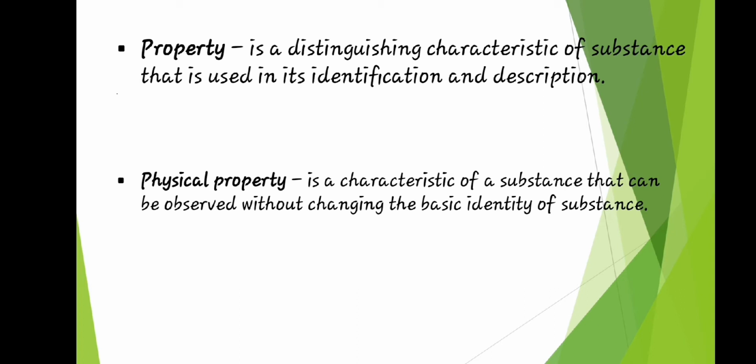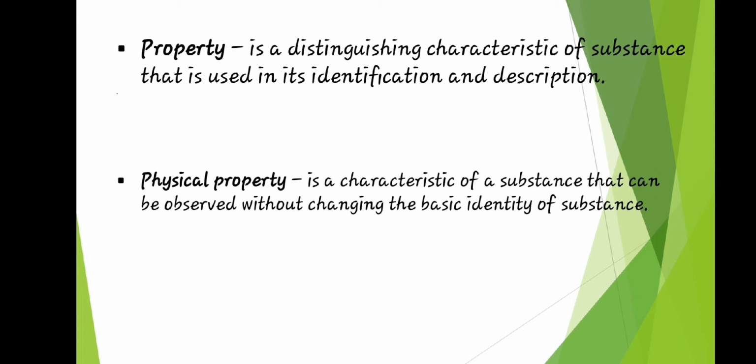Always remember that physical property is described without involving a manifestation of a chemical change. So in physical property, there is no process called chemical change. You will identify physical property by its density, color, hardness, melting and boiling points, and even electrical conductivity.